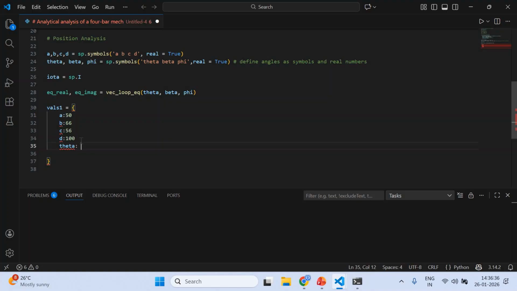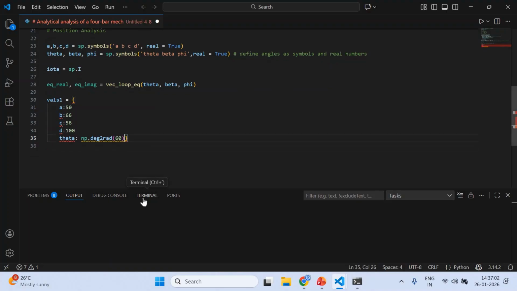Theta is equal to np.deg2rad, and the angle we have been given is 60 degrees. It is very important to check that before substituting theta into the above equations, we convert the degree values into radians. Then put a comma here, B, C, and D, and then theta, and close the brackets.